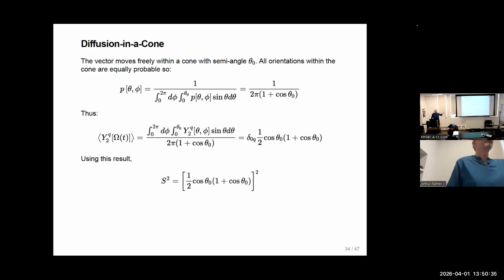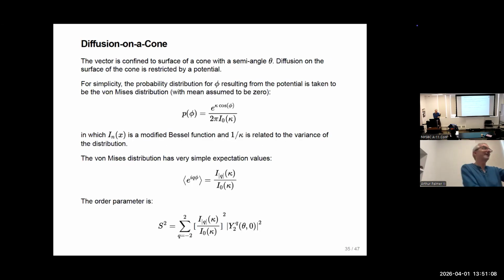The vector can move freely within a cone, but it can't leave the cone. And if we just do the integrals, S squared is a simple function of the semi-angle of the cone. So we can take S squareds and transform them into semi-angles and get an idea of how much angular fluctuation there is in the given bond vector that has some S squared.